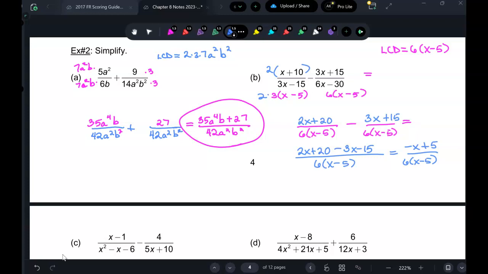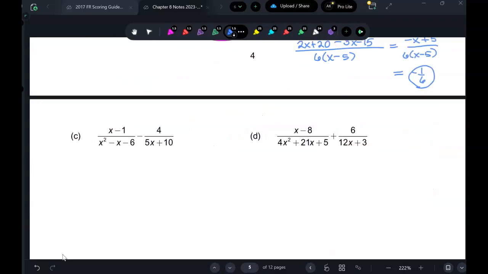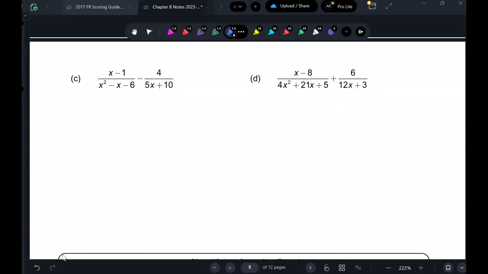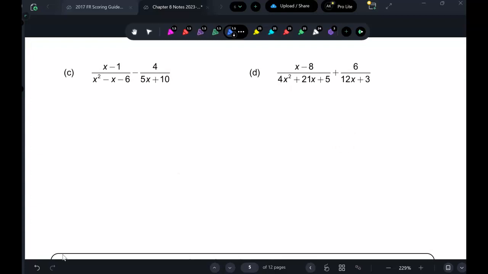They cancel out and you're left with negative 1 over 6. Because what you have in the numerator is 5 minus x, and in the denominator x minus 5. So remember, those cancel to give us negative 1.